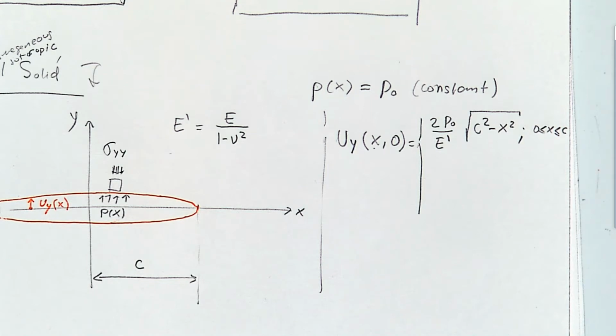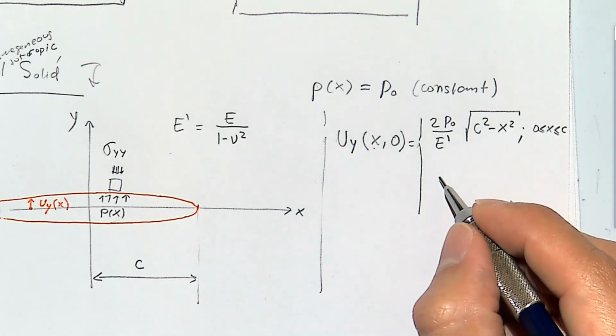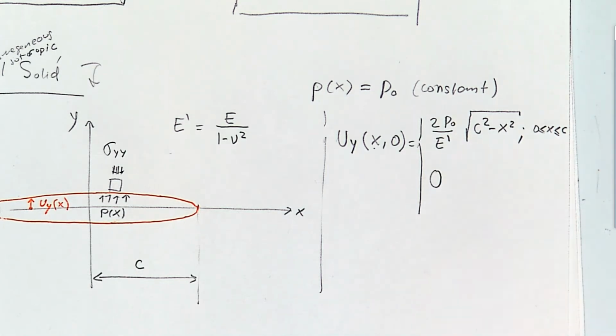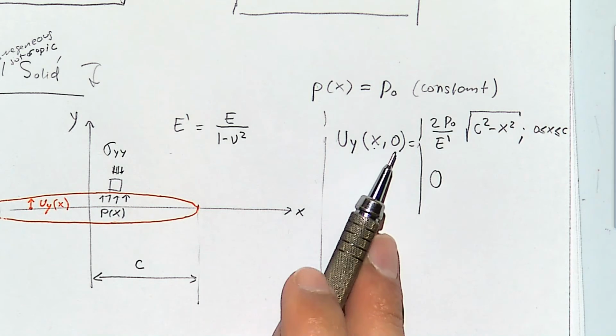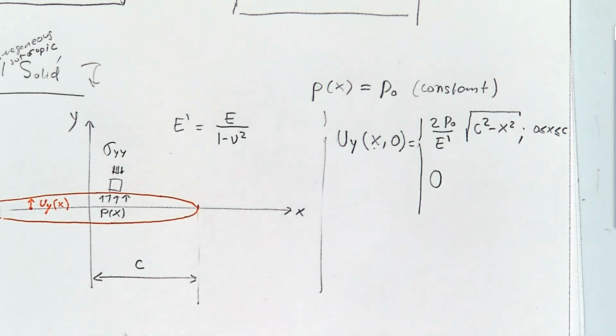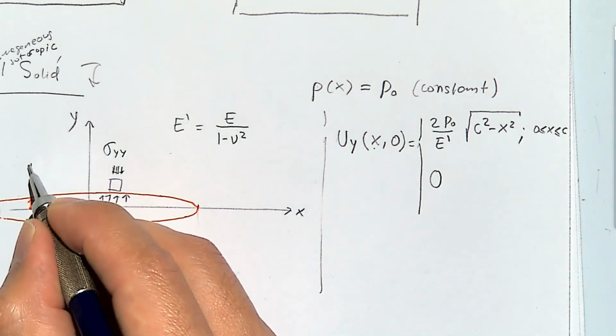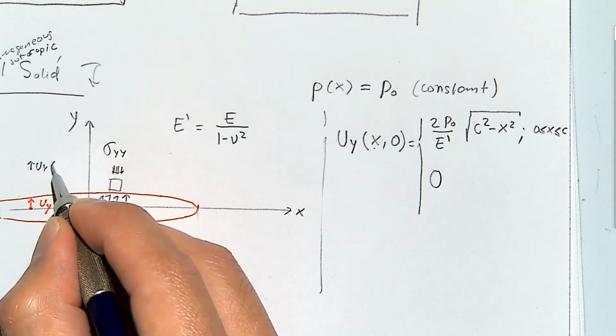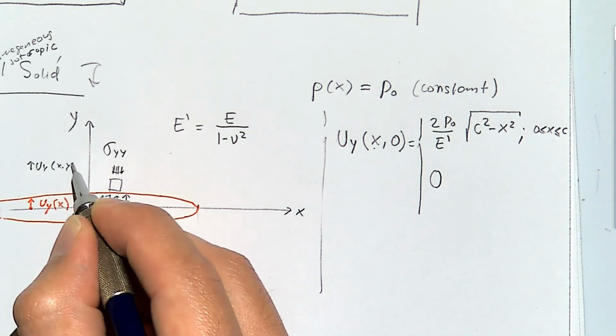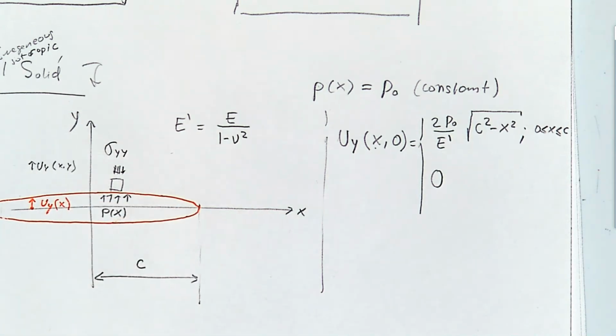Yes, Jack? So in the graph, we mentioned that uy is only dependent on x. So why in this equation do we have two different variables? Because I'm meaning that you can also find a displacement somewhere over here. We are tracking the displacement of the solid.